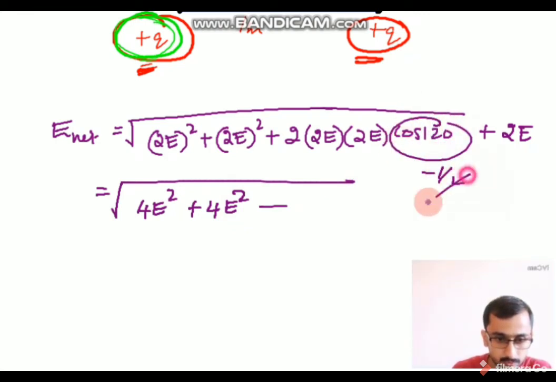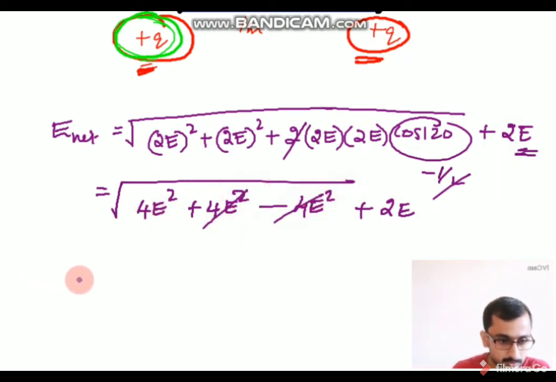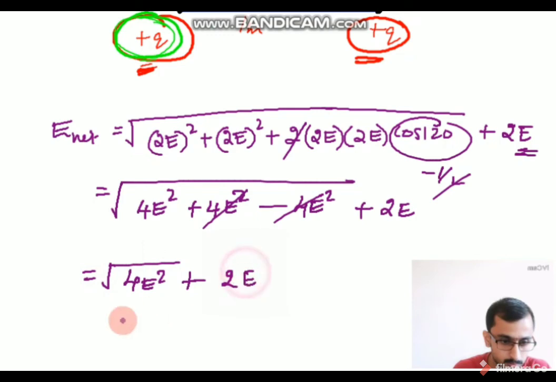So the 2 and the half get cancelled, and the remaining term is minus 4E square. Plus 2E. Just simplify this: 4E square plus 4E square minus 4E square gets cancelled, so root of 4E square plus 2E. The root of 4E square is nothing but 2E, plus 2E here. That means you will get 4 times E.